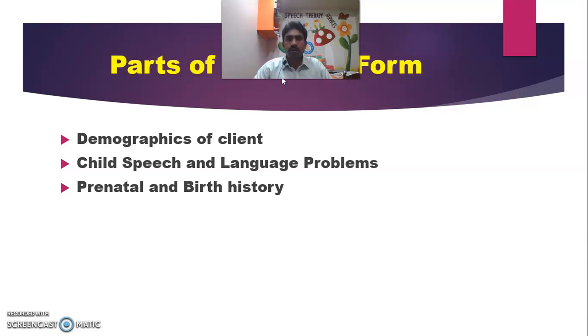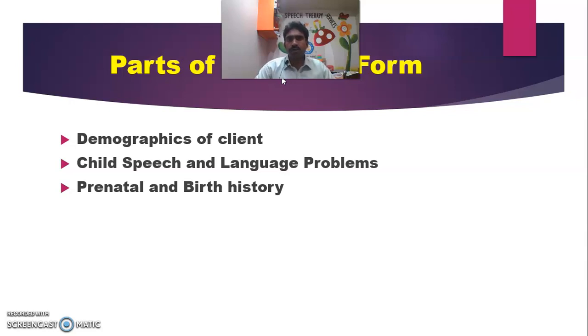You should ask about the condition of the child, whether he was weak or healthy, whether he cried at the time of birth or not. If he cried late, then you should write it down on your history form and include it in your case formulation.